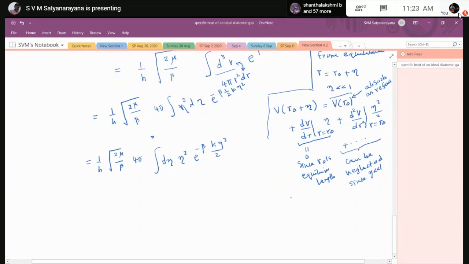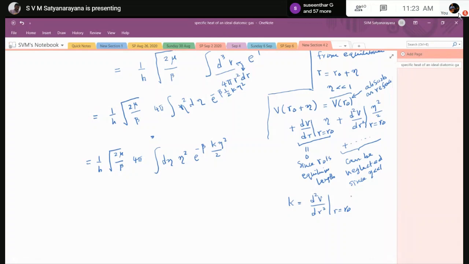Now here I am writing this k as d2V by dr2 evaluated at r is equal to r. This is like the force constant of the spring.